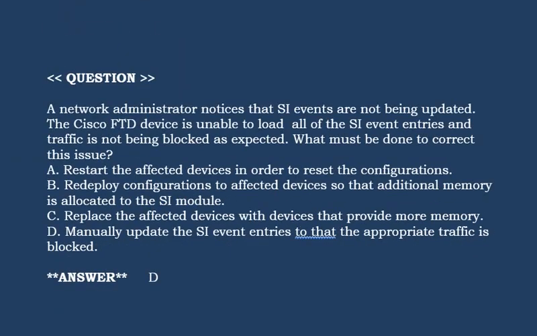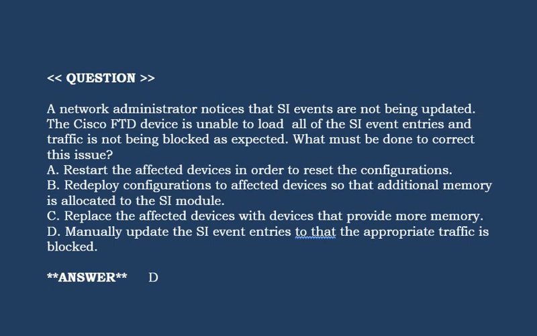Next question is, a network administrator notices that SI events are not being updated. The Cisco FTD device is unable to load all of the SI event entries and traffic is not being blocked as expected. What must be done to correct this issue? Option A. Restart the affected devices in order to reset the configurations.